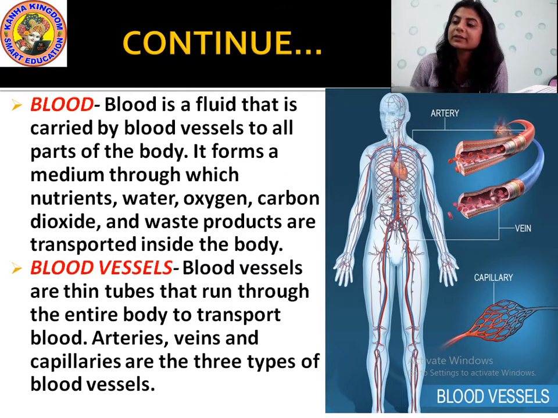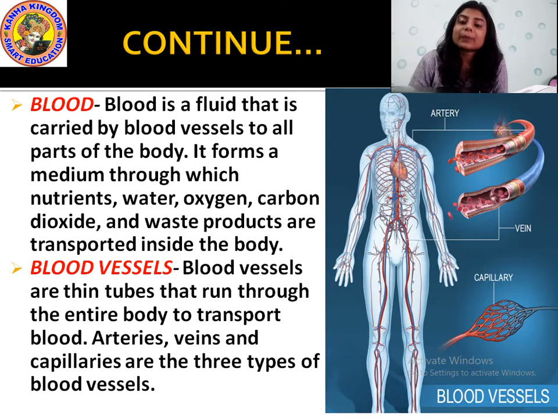What is circulatory system? It is the organ system that helps to transport substances in our body. And this system consists of heart, blood and blood vessel. Heart is the main part of the circulatory system, and heart is a muscular organ that pumps blood in our body.